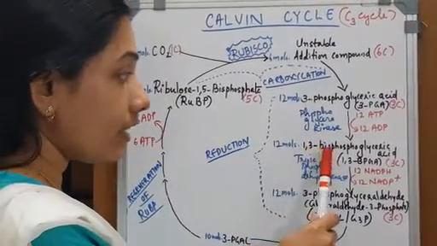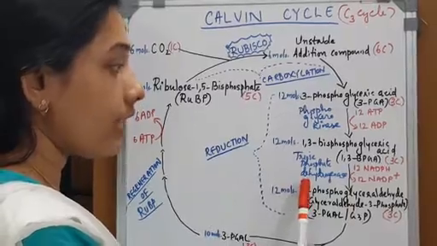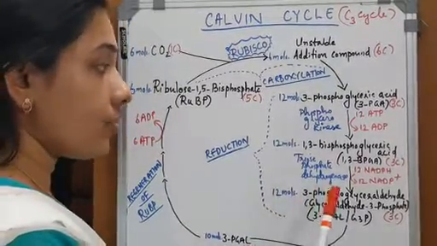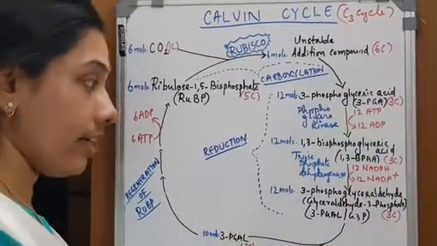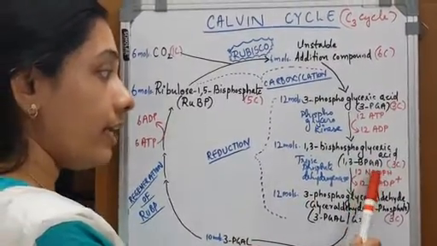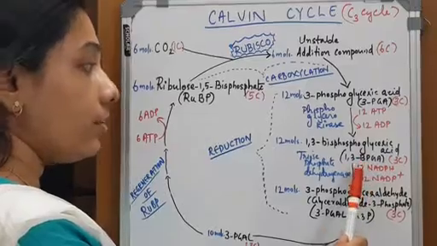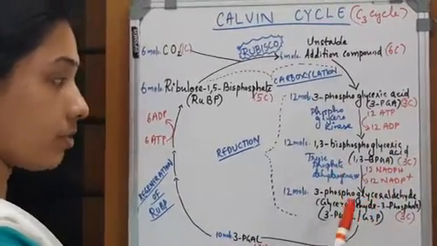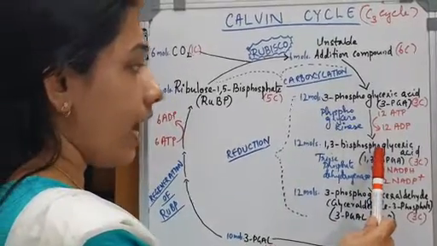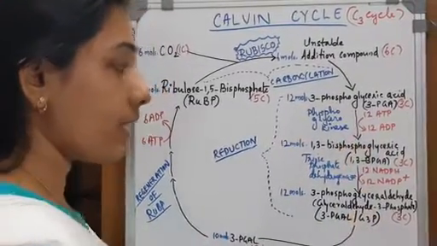Now the 1,3-bisphosphoglyceric acid enters the actual reduction phase in which hydrogen is donated by the NADPH produced in the light reaction. Here also 12 NADPH molecules are utilized in this reaction, and 12 NADP plus are regenerated after this process, and the hydrogen is added to the 1,3-bisphosphoglyceric acid.